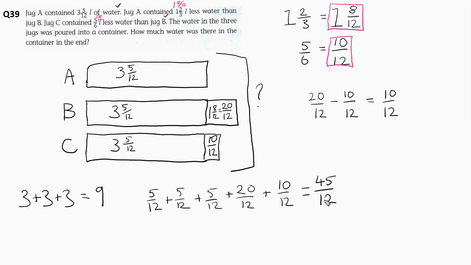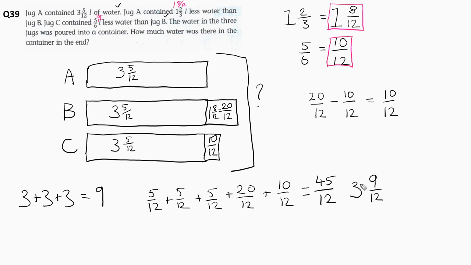Well, 4 times 12 would be too much, but 3 times 12 fits in that, and that would give us 36. So we know that there are 3 wholes in this, and 36, what's the difference between 36 and 45? Well, that's 9. So we've got 3 wholes and 9 twelfths left over.